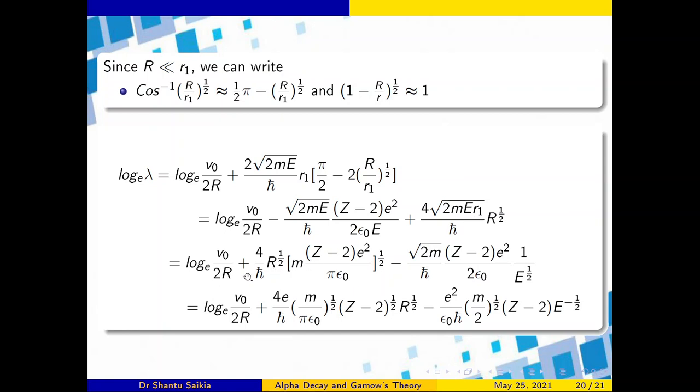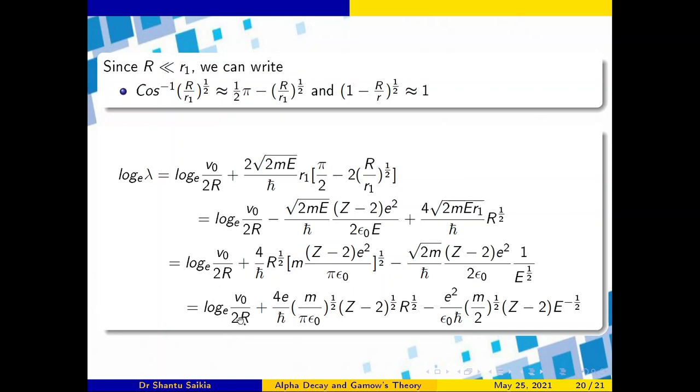So finally, we get an expression of this form. You have to do these steps, check out the steps. So we'll end up with this expression which relates the disintegration constant with the energy of the alpha particle.